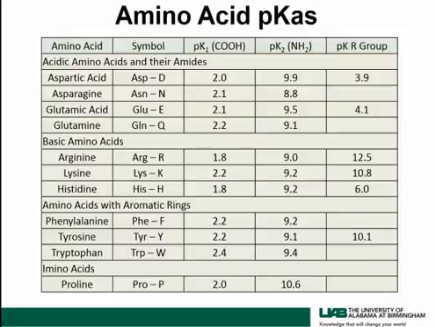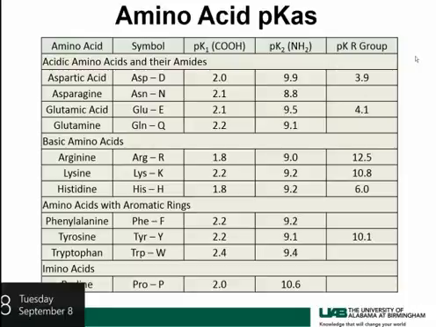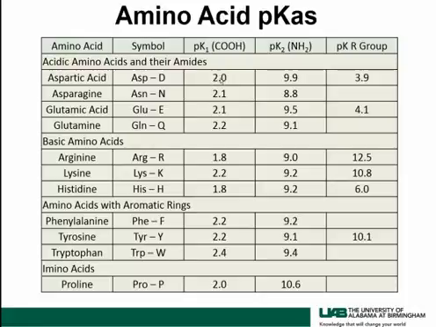And the ones that I want you to focus on are aspartic acid, glutamic acid, arginine, lysine, histidine, and so forth. Okay? So look at aspartic acid. It has three pKa values. And we're specific in saying the alpha carboxyl is 2.0, alpha amino is 9.9, but the R group, and that is, it has to be carboxylic acid because the pKa is low, is 3.9.